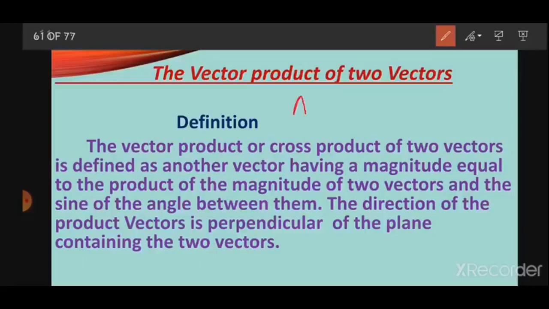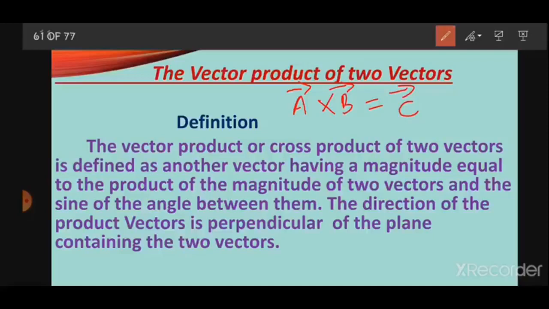Now listen, a vector cross b vector is equal to c vector. C vector is nothing but a vector quantity because it has both magnitude and direction. So this is another vector.